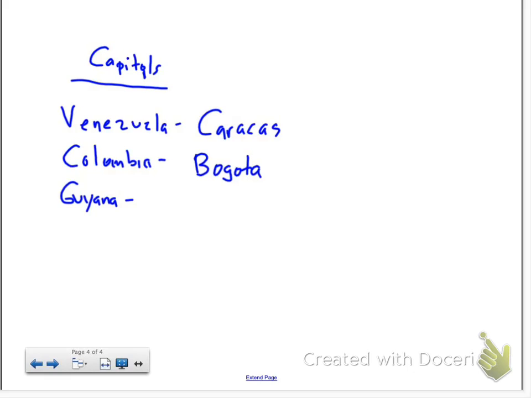Guyana, Jackson. This is the one that we gave you a hint on. Starts with a G. Oh, Georgetown. An easy way to remember this one, G, G. And then we've got Suriname. I keep pronouncing that wrong. I don't know why. Blake?